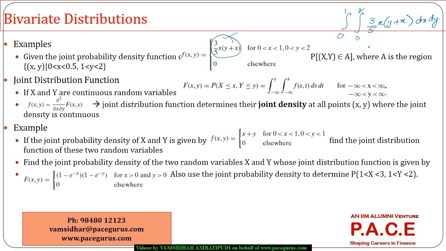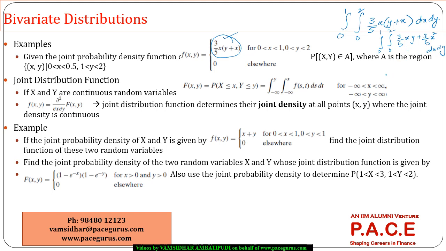And after that I can very well evaluate between 0 and 0.5 and 1 and 2, right? So let me expand each one. So this is between 0 to 1, 0 to 2. It is 3 by 5 xy plus 3 by 5 x square, dx dy. So first I can integrate it with respect to x, right?